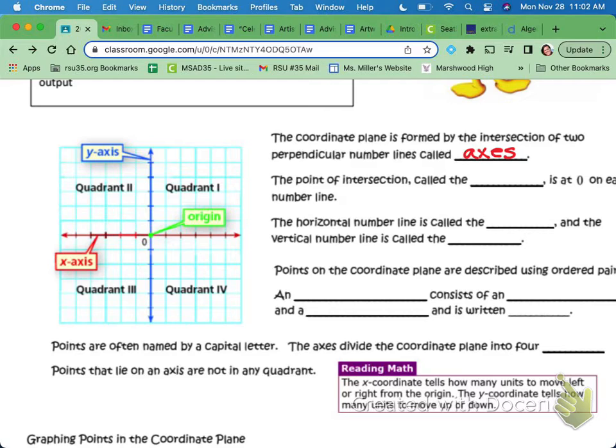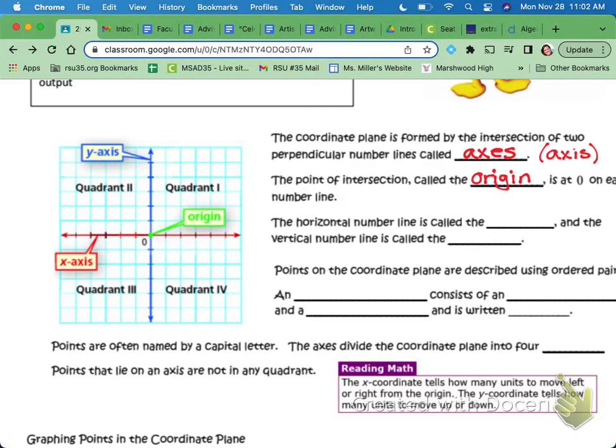which is the plural of axis, right? The point of intersection is called the origin. But that's the plural. Axis is singular. Right? So the point of intersection is called the origin.